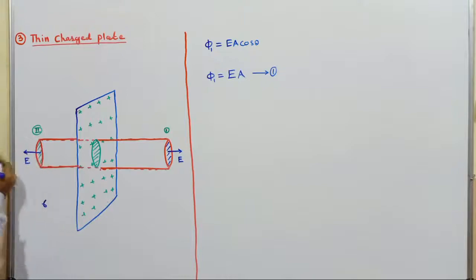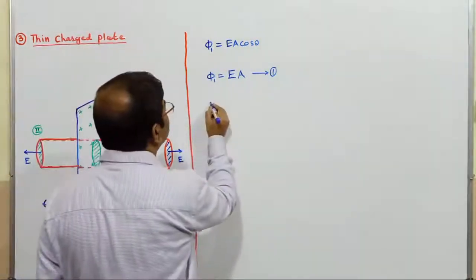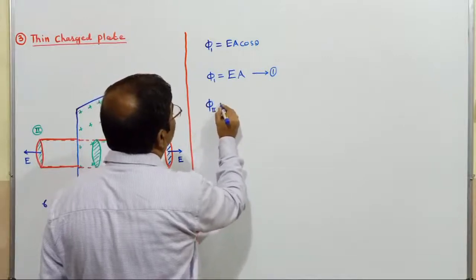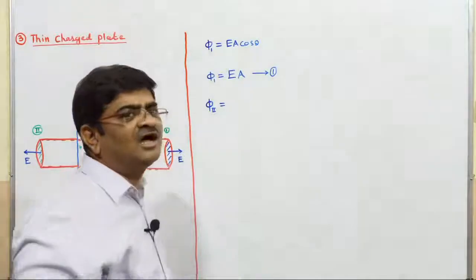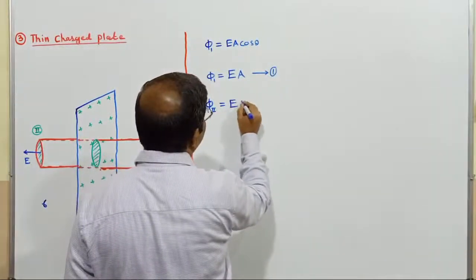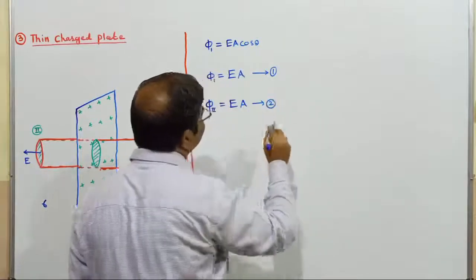Then the flux through the second portion is again EA cos theta. Theta is 0, so what I get is EA. This is my equation number 2.